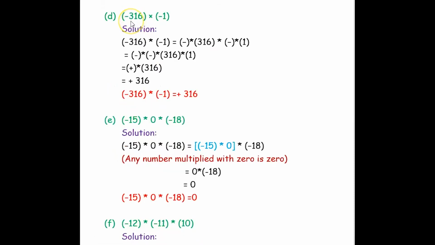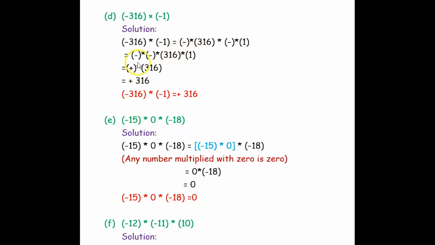Next question is negative 316 into negative 1. Here also we have two negative integers. So, we can separate the question like this: negative into 316 into negative into 1. Then I am rearranging it as negative into negative into 316 into 1.